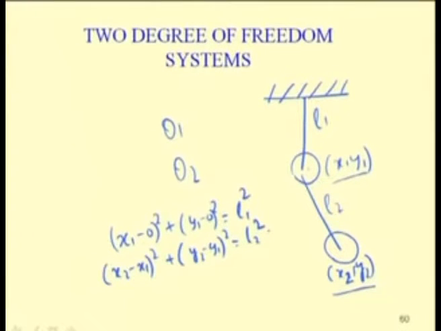So, these 2 constraint equations can be used to reduce these 4 parameters x1 y1 x2 y2 to 2 parameters. So, using these 2 parameters theta 1 and theta 2, one can find the equation of motion.